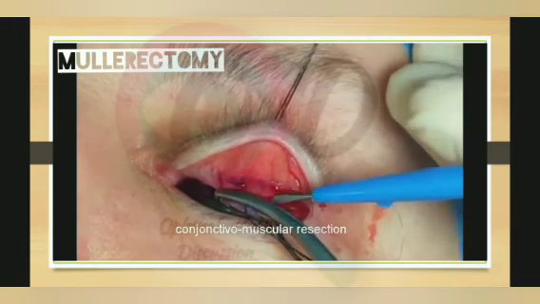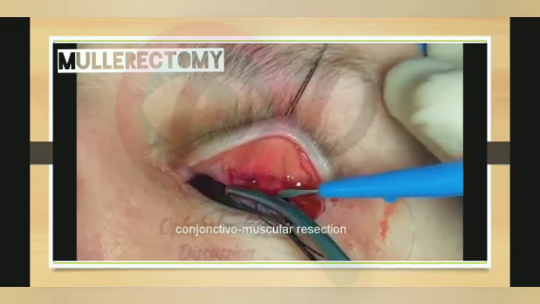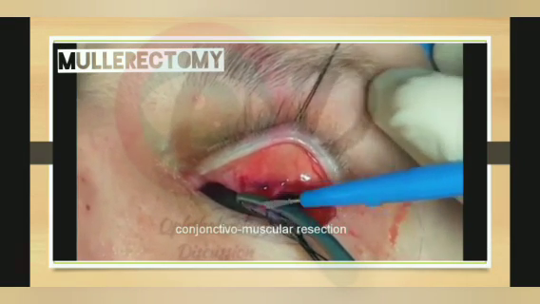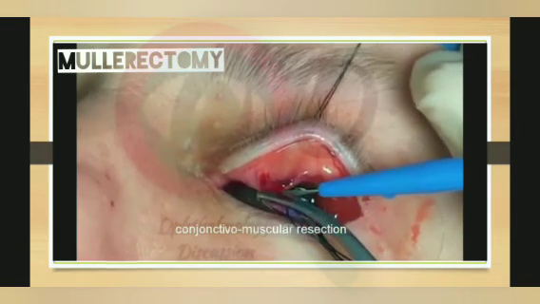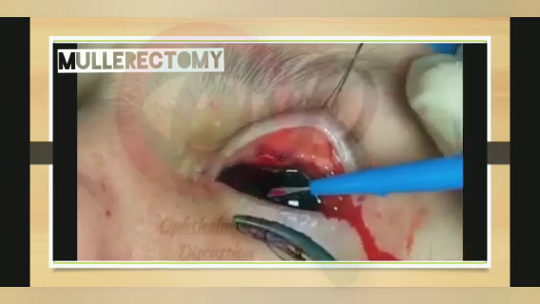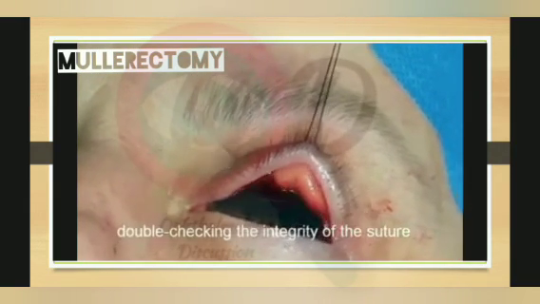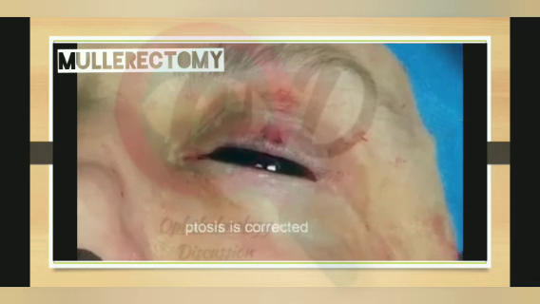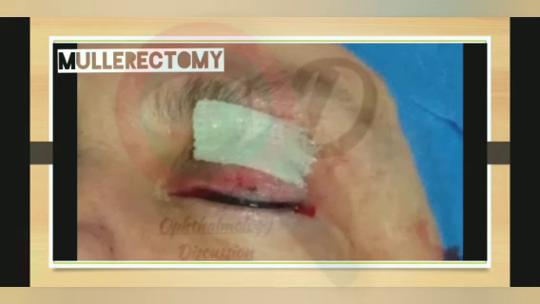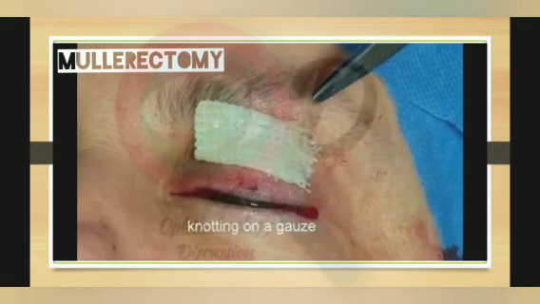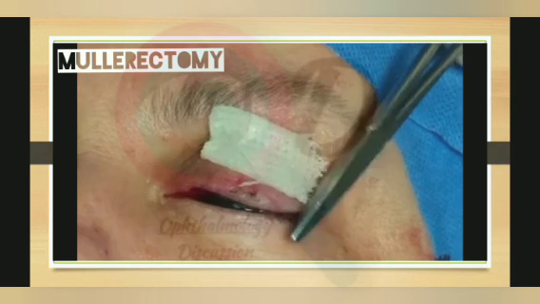Conjunctivomuller resection is there. Knotting the gauze pad. The procedure is generally bilateral. Okay, it is done in bilateral condition.